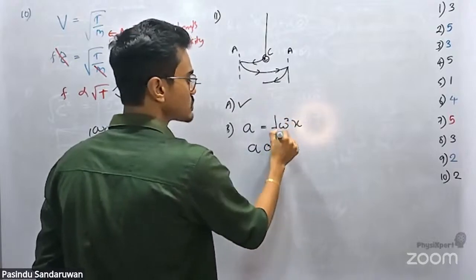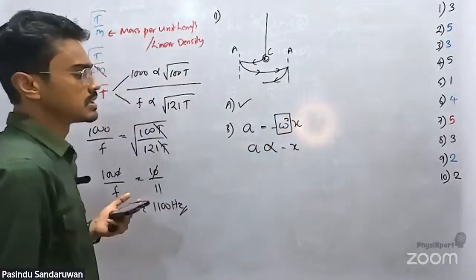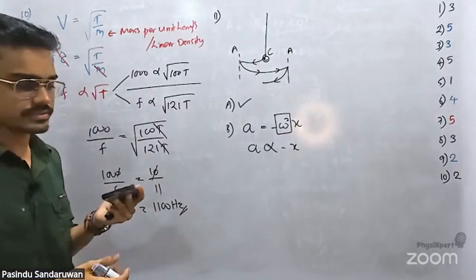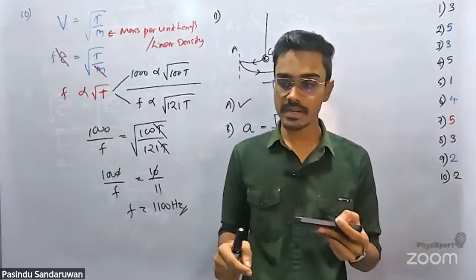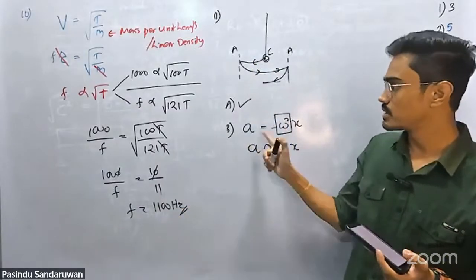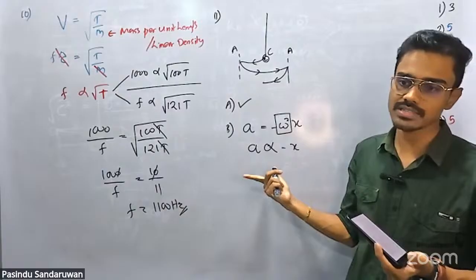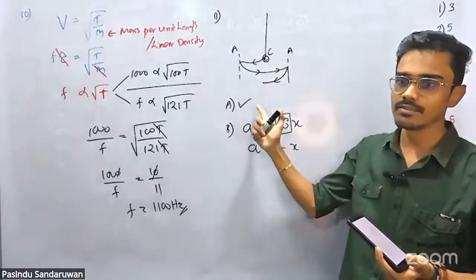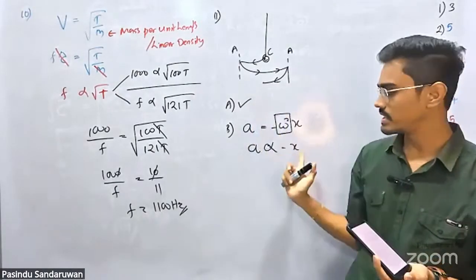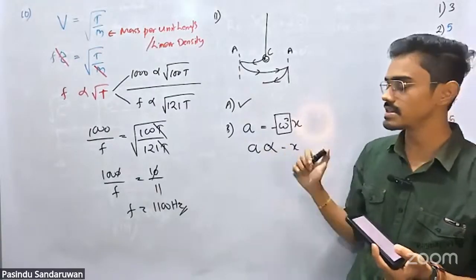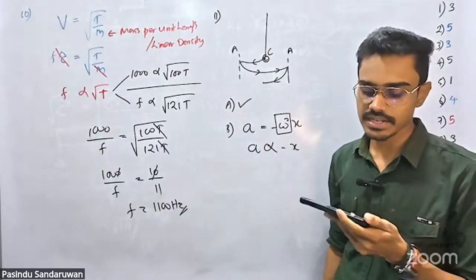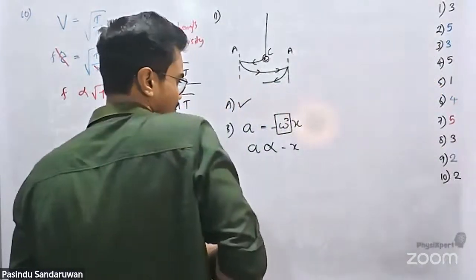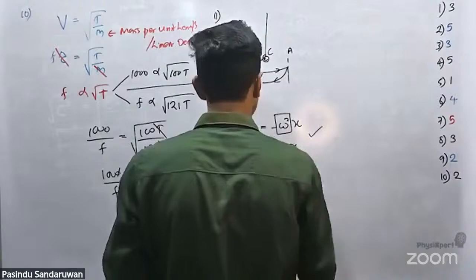Omega squared is a constant, so acceleration is proportional to minus x, where x is displacement. Then what happens to displacement will be the same for acceleration. I have already argued for displacement, so B is also correct.